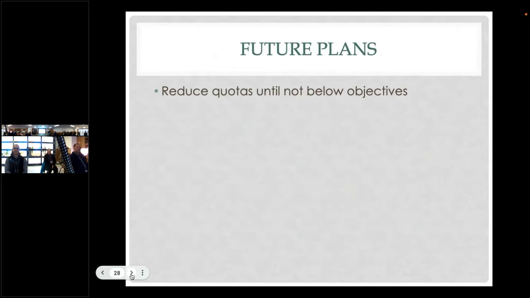So future plans for both areas, we're going to reduce quotas a bit until we get to within our objectives. I'm going to continue to fly twinning surveys. Twinning surveys are surveys that I fly about the 3rd week of May every year. Basically what I'm looking for are cows that have calves, and I want to see, of those cows with calves, how many have twins and how many have singletons. That information is really indicative of habitat quality.